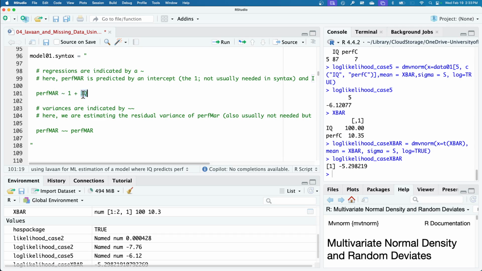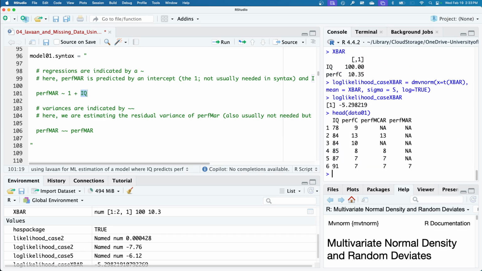So IQ is named in the data set IQ. Here, let's just show you this. IQ is spelled the same in my data as it is in lavaan. Perf_mar, performance missing at random assumption, is named the same as well. So that's what lavaan will look for. So this is what a regression looks like in lavaan.